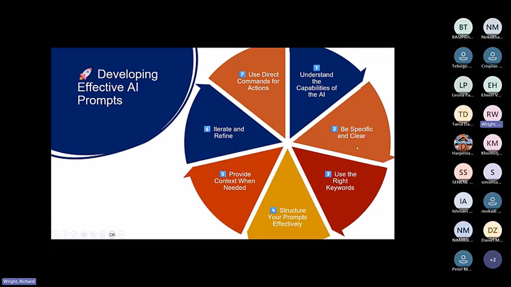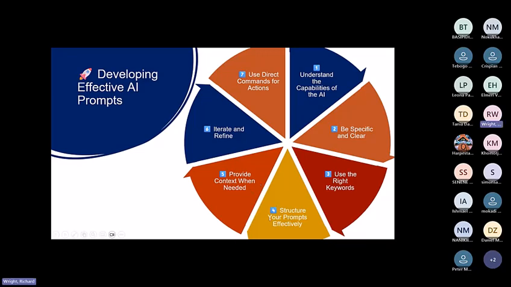Then you want to be very specific and clear when you ask it a question. Don't give it unnecessary information. As we talk about the context window, you don't want to fill that up. Keywords, as we'll see later as well, means using direct terms, especially terms very specific to the field, to get better results.